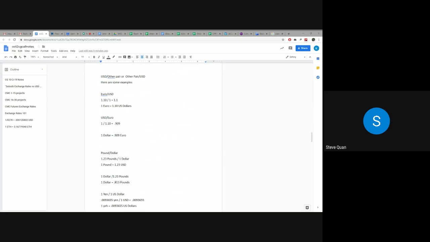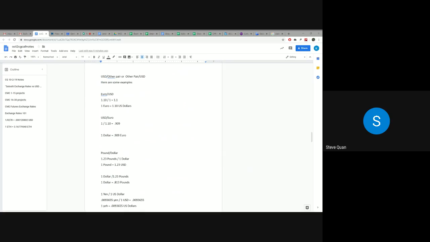So the euro is 1.10, i.e. 1 euro equals $1.10. So what does $1 equal in euros? Well, just divide the other way. $1 is 0.909 euros, or 1 euro is $1.10.